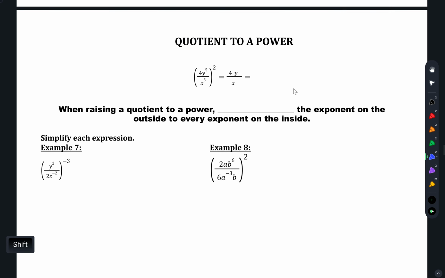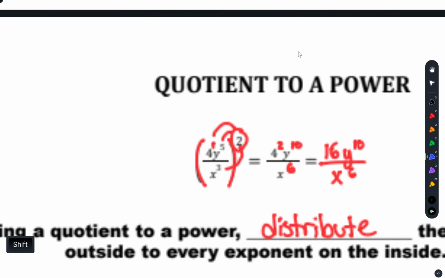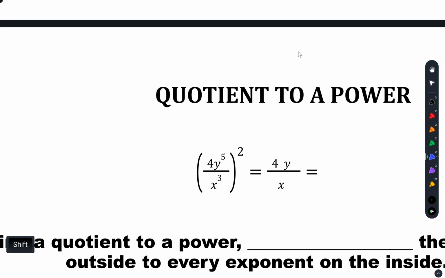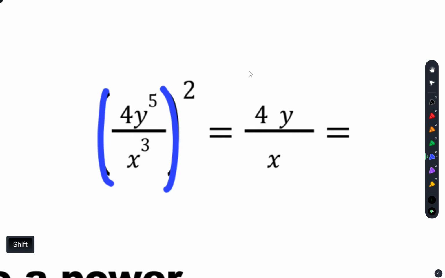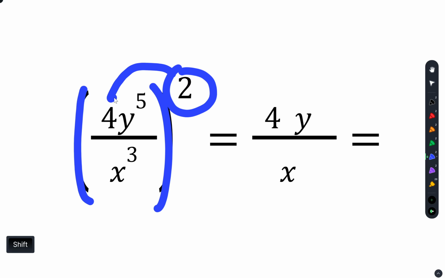Flip it over. I'm going to combine the rule we're doing today with the rule that we talked about yesterday. Do you remember yesterday how we raised an exponent to another exponent and we had to make sure that we distributed that exponent? We do the same thing if it's in a fraction. So I have that entire fraction raised to the 2nd power, which means I'm going to distribute this squared to everything on the inside.